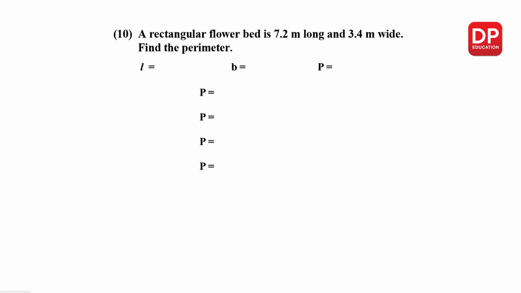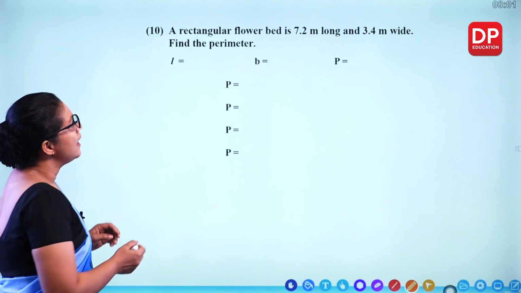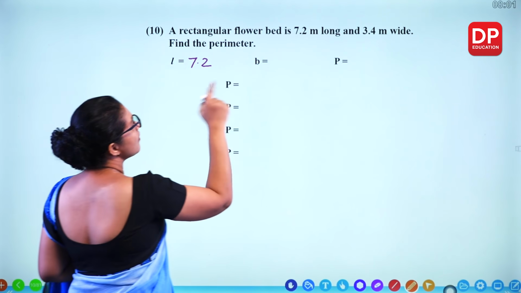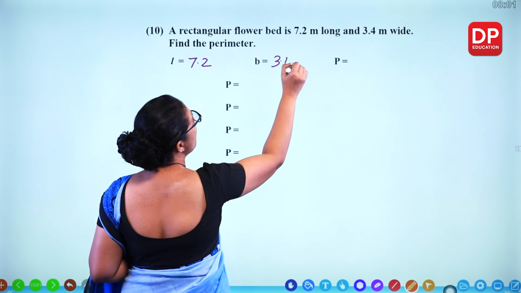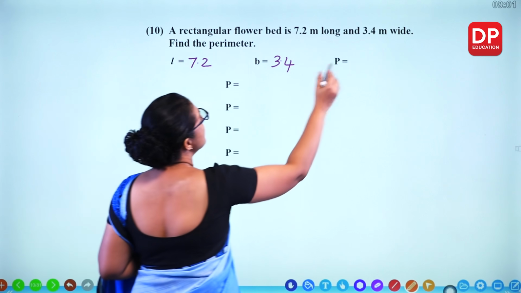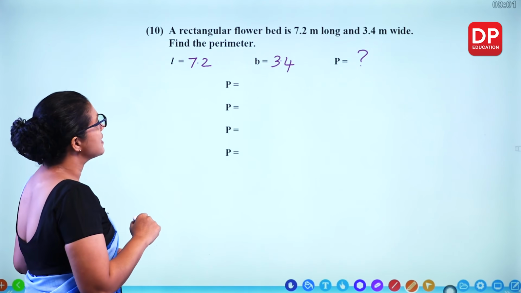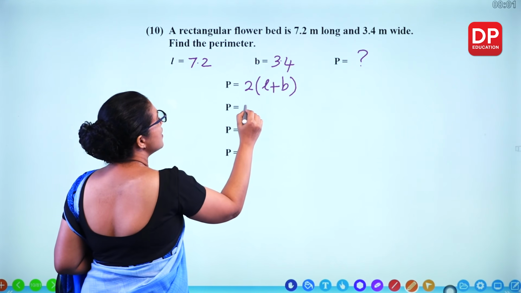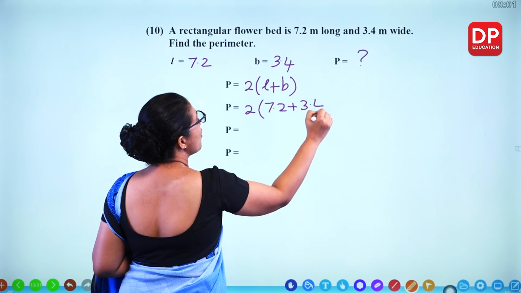A rectangular flower bed is 7.2 meters long and 3.4 meters wide. Find the perimeter. L is the longer side, 7.2. B, breadth, means the width, 3.4. P is the perimeter we need to find. So what's the formula? 2 times length plus breadth. 2 times, here 7.2 plus 3.4.